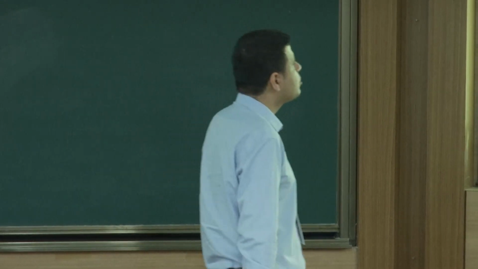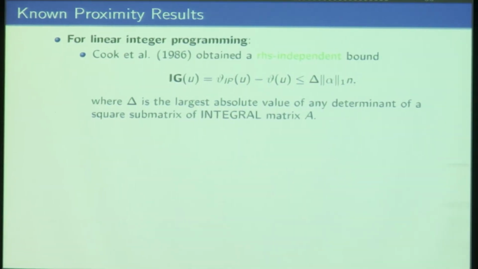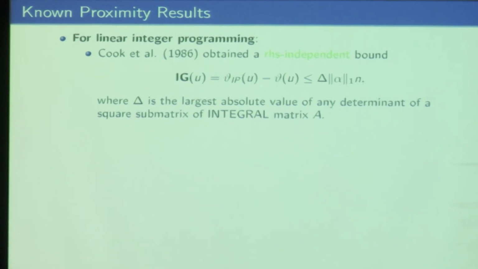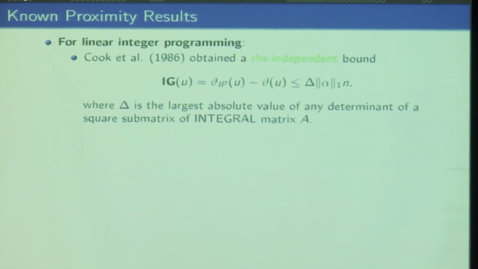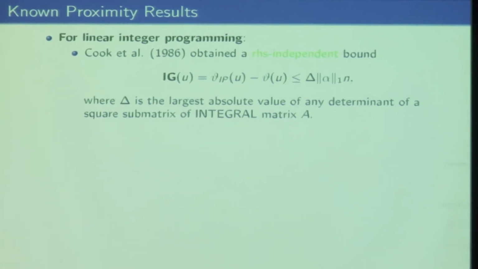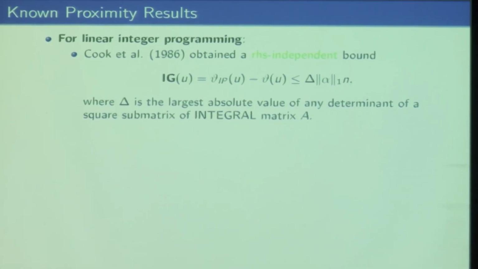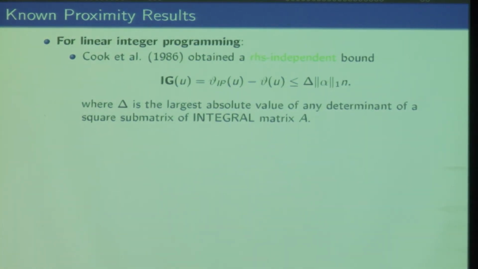The motivation comes from Bill Cook and his co-authors' results from 1986, where they answered a similar question for linear integer programs. They showed that they can bound the integrality gap independent from the right-hand side. And the bound depends on some parameter delta, which is a function of the matrix A, the objective function, and the number of variables.